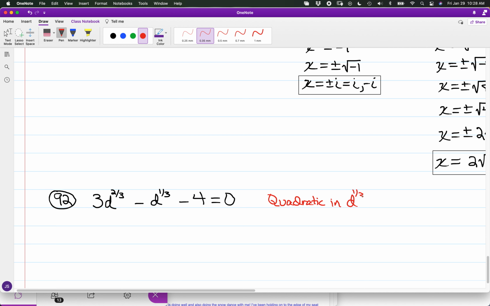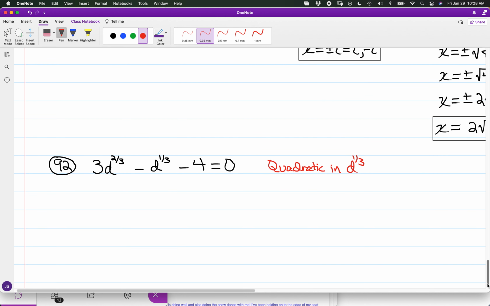In terms of d to the 1/3, let me give you something in terms of creating a pathway to factoring this expression, something analogous to what we have here. Say we have x to represent d to the 1/3 and x squared to represent d to the 2/3.